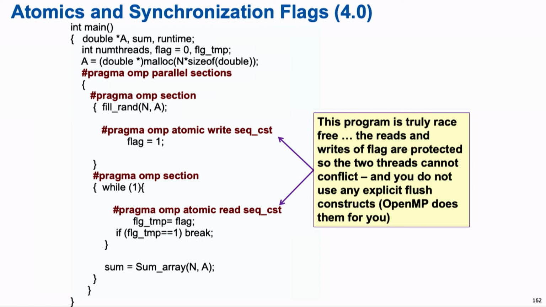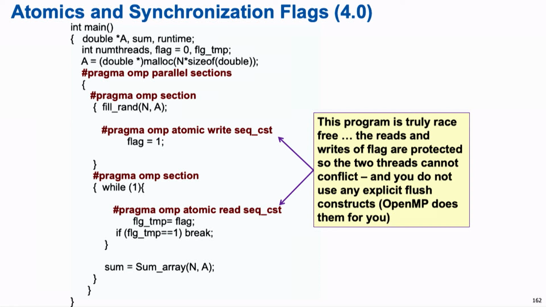Sequentially consistent means that your instructions are in an interleaved order, but every single thread will see the same order. So it takes care of that compiler reordering for you. And it implies a flush.